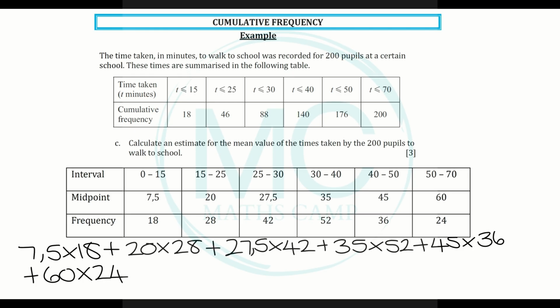To find my estimated mean, I still need to divide this by the cumulative frequency. So I'm going to put this into a bracket and I'm going to say divided by 200.